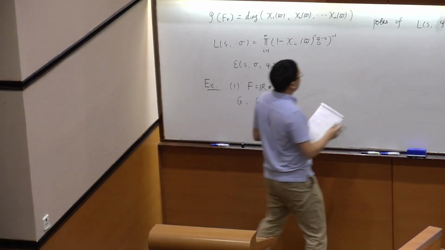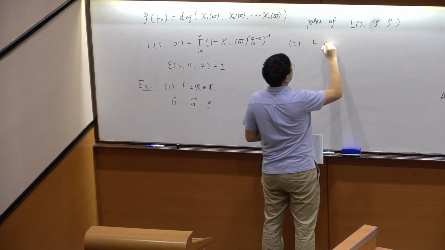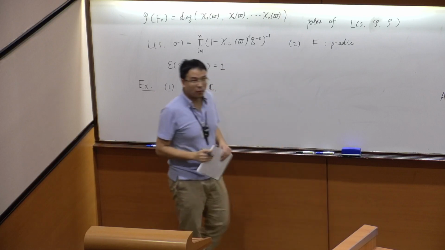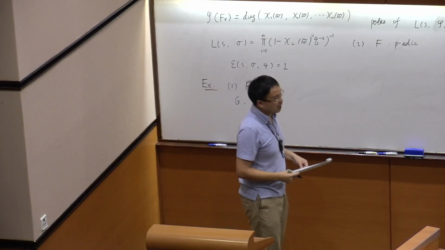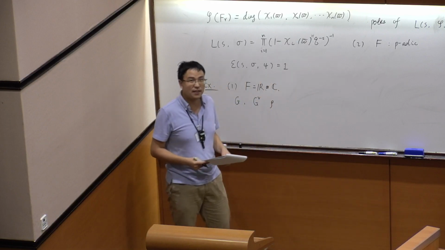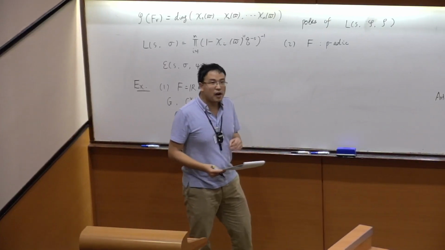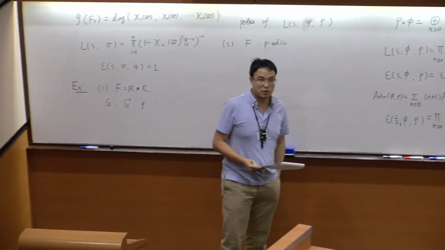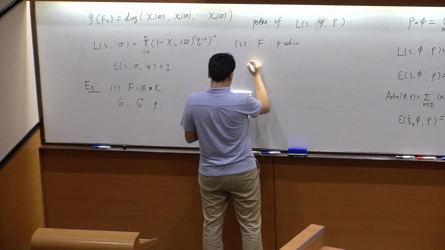And for the second one, we take F to be a p-adic field. The first one is quite simple. Just apply the formulas and apply the calculated weights. You can easily write down the poles. And the second one is I give a complete list for the irreducible two-dimensional Weil representations.